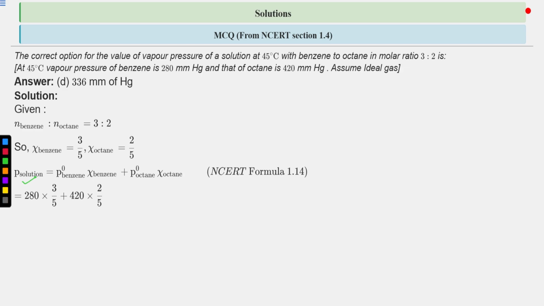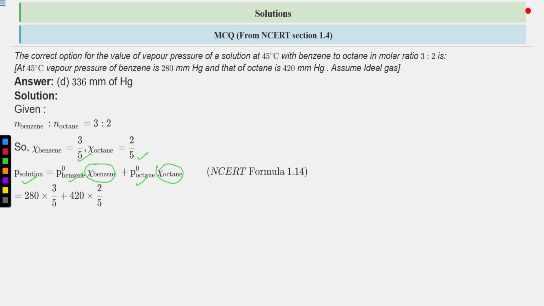So the pressure of the solution is P naught of benzene, the vapor pressure of pure benzene, multiplied by the mole fraction of benzene, plus the vapor pressure of pure octane multiplied by the mole fraction of octane.